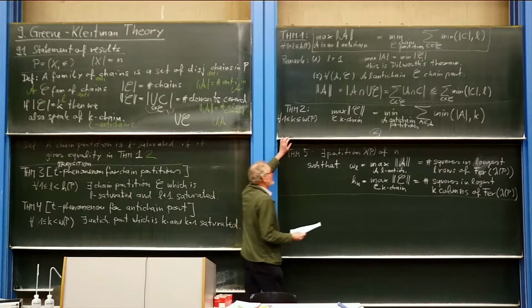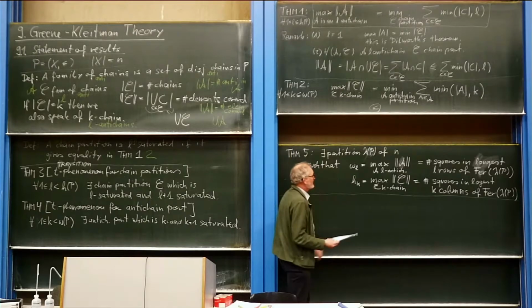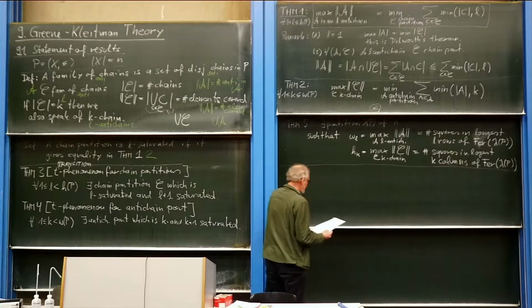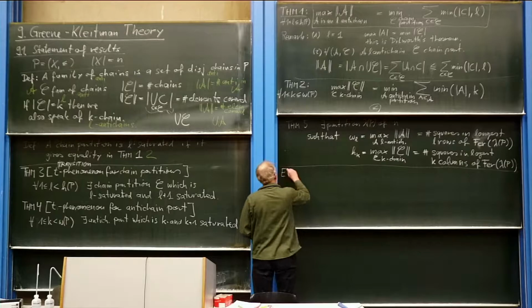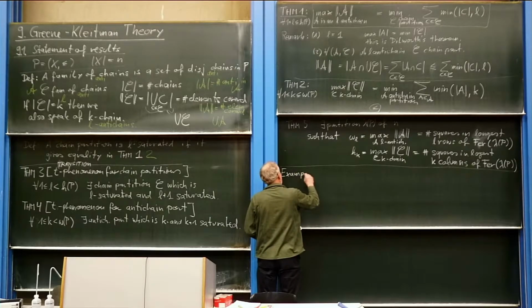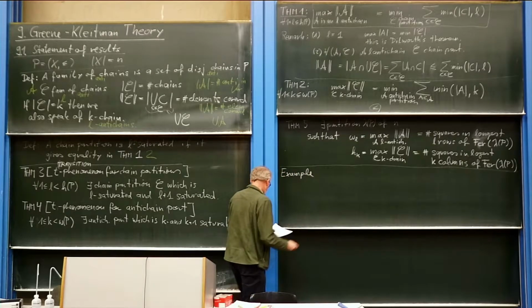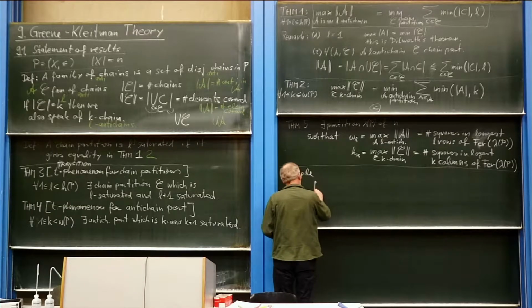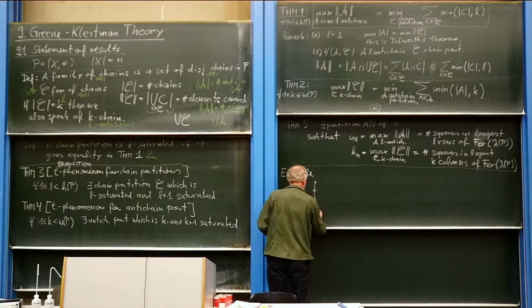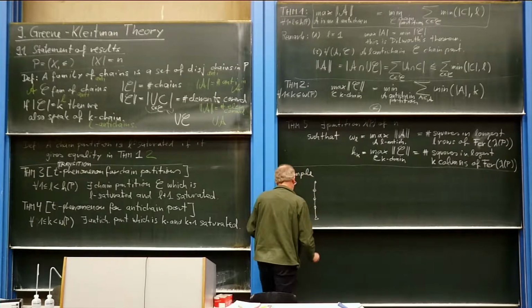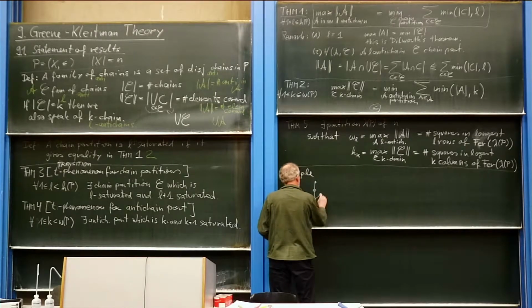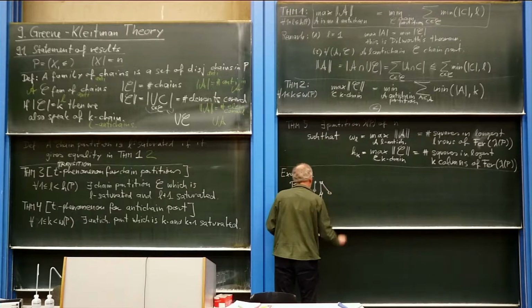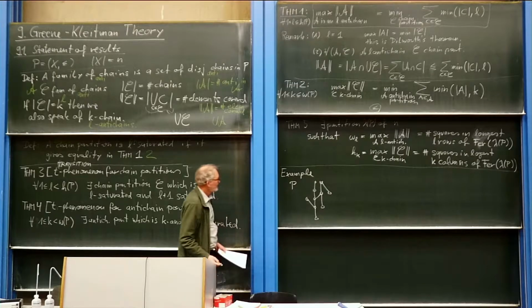Maybe it's a good idea to look for an example. So here is a P we are going to work with. We have a chain of length 5, and then something deviates from here and something from here.